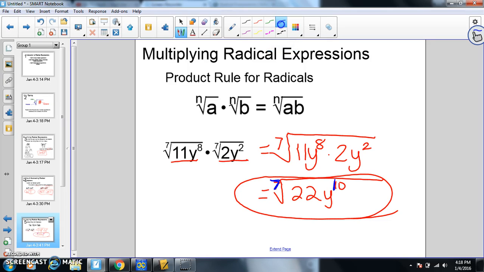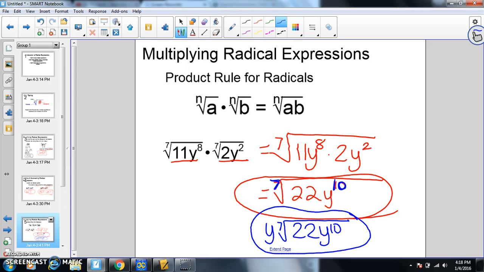And I'm looking at my power of 10. And that's telling me that there are 7 y's inside of my radical. So I can simplify that by taking out a y and being left with 22y to the 10th as my final answer.